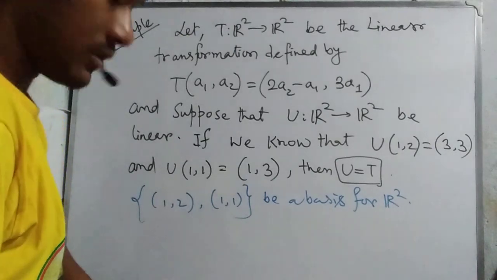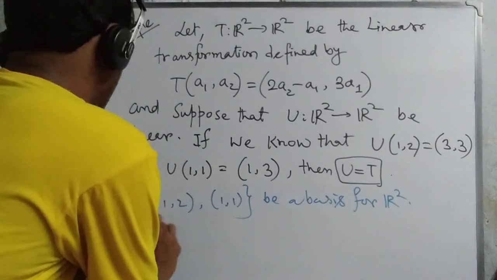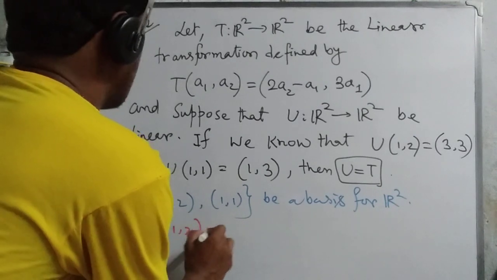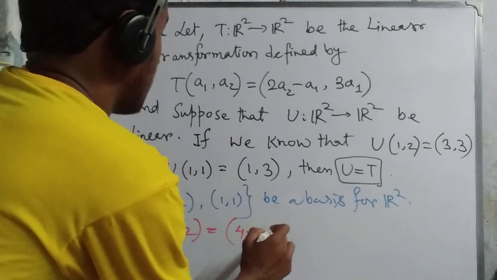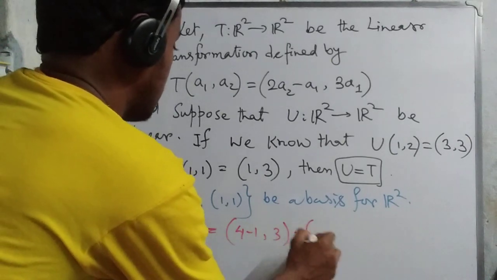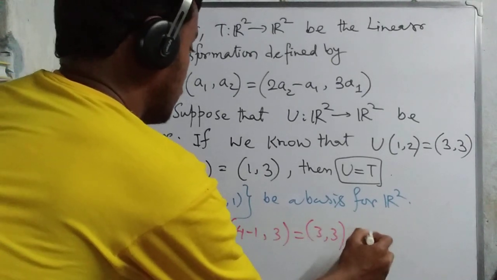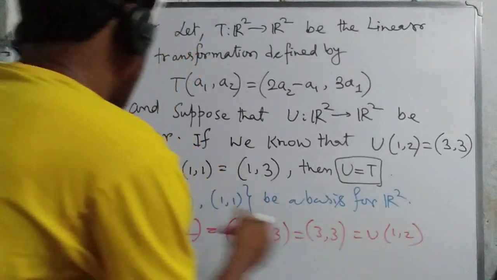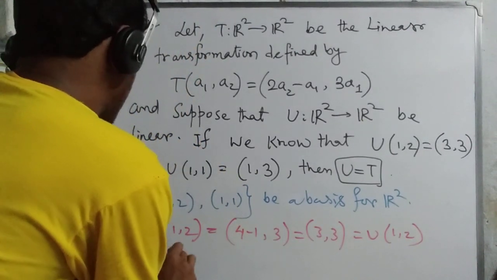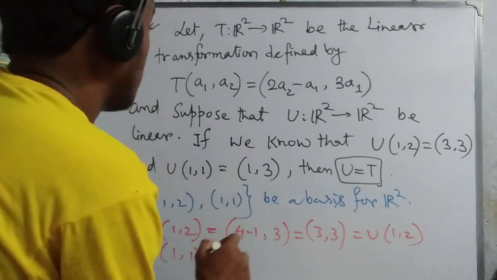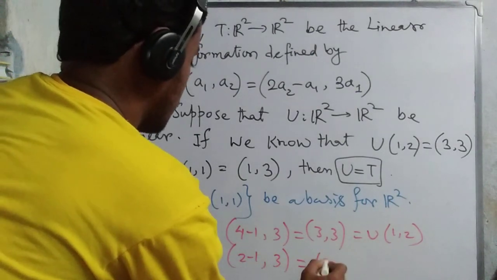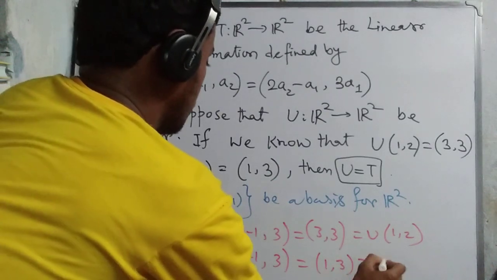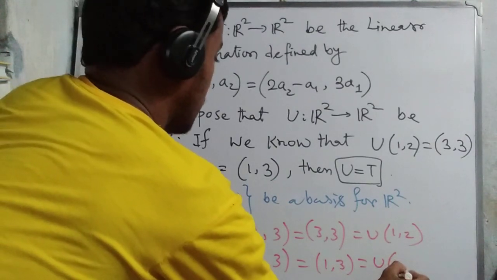That means T(1, 2) equal to what? T(1, 2) equal to (4 − 1, 3), so (3, 3) equal to U(1, 2). And in this way T(1, 1) equal to (2 − 1, 3), that means (1, 3) equal to U(1, 1).